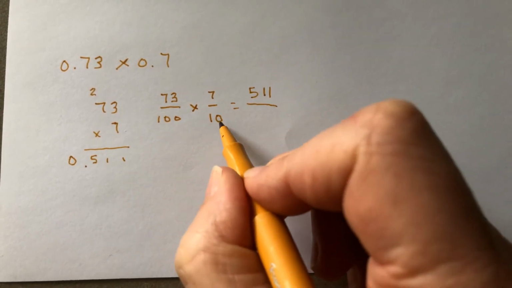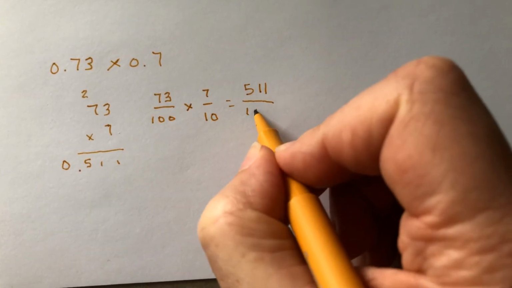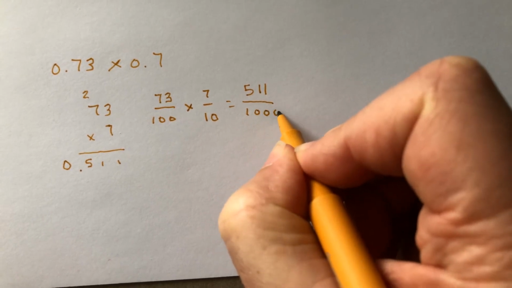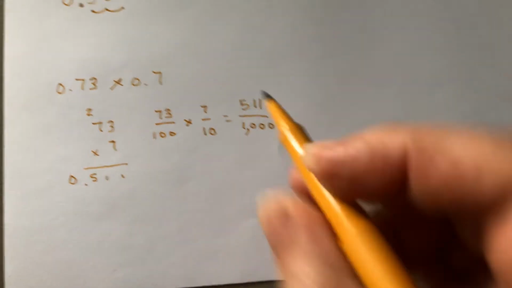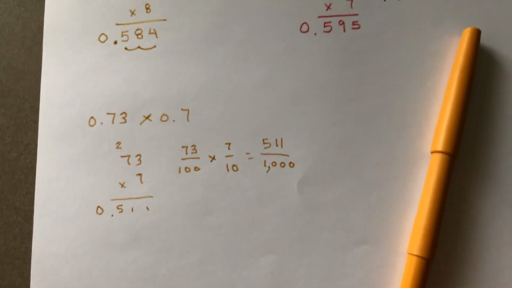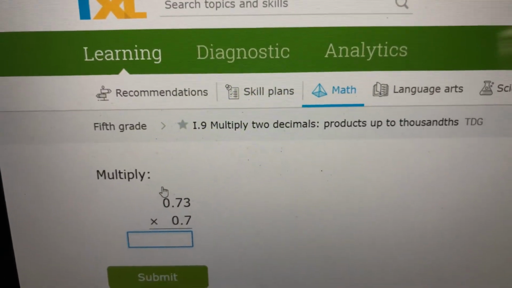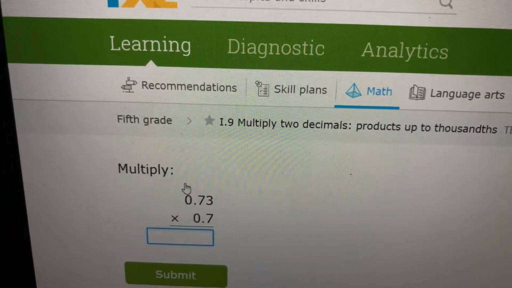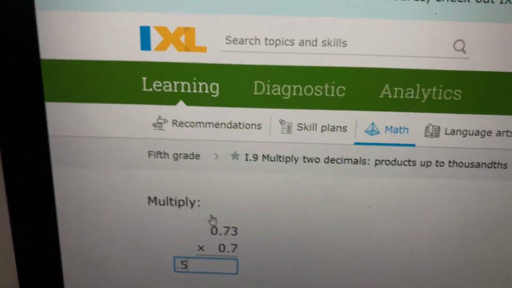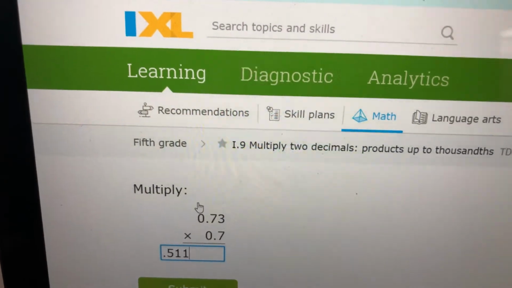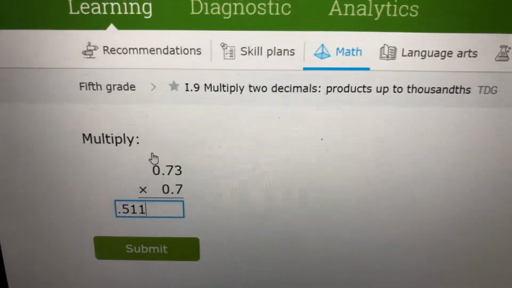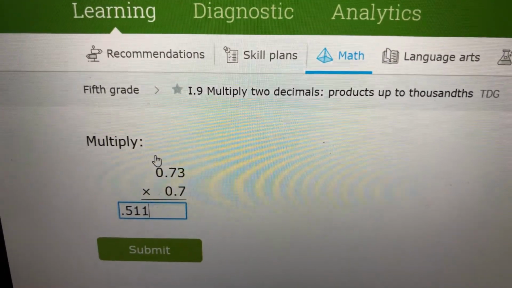And 100 times 10 is 1,000. So we know this is 511 thousandths. So we come over here. We're going to type in 0.511. The zero is for the ones place, but we don't have any whole numbers.